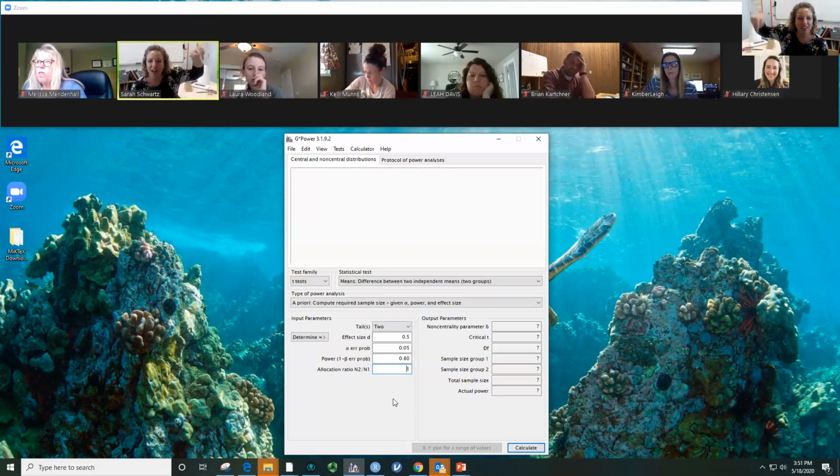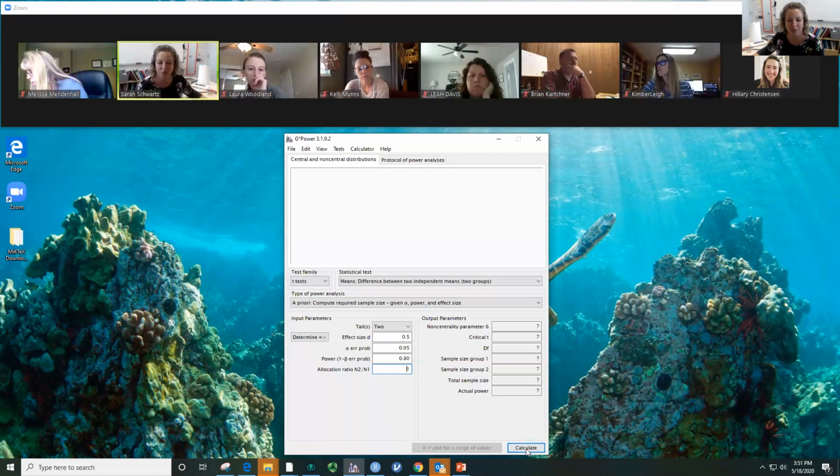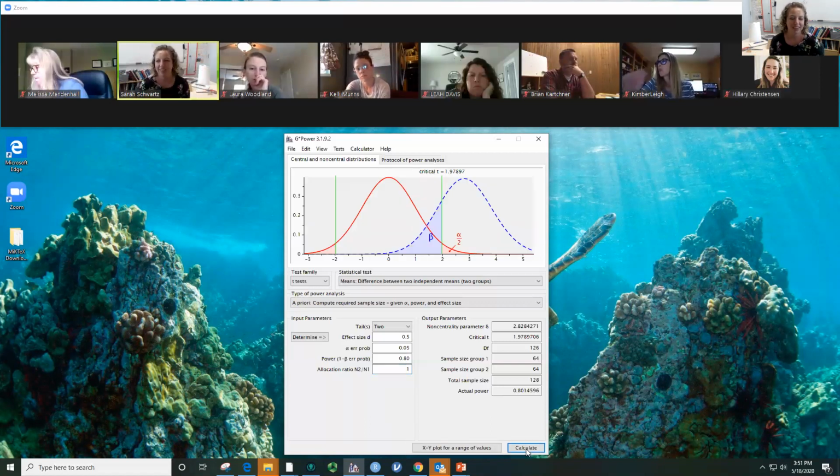Now if we push calculate at the very, very bottom, it will calculate the sample size we need. How big of a sample is required to be 80% powered to detect a 0.5 Cohen's D effect size at alpha 0.05, at a 0.05 significance level?